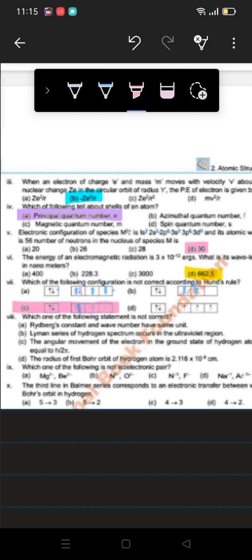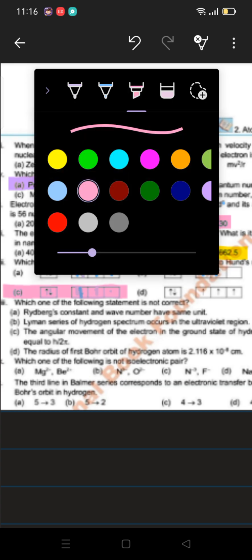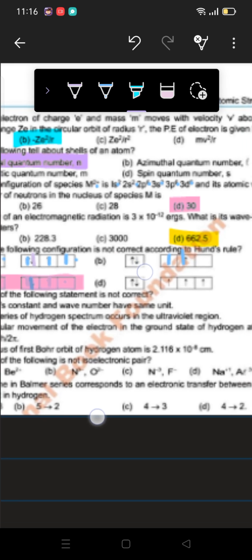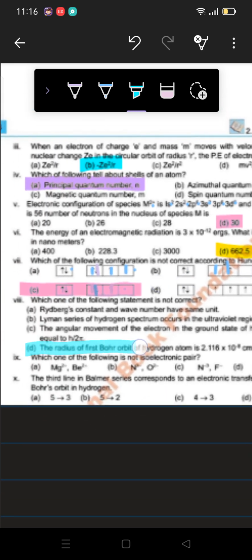So yes, this is correct. The D option says the radius of the first Bohr orbit of hydrogen atom is 2.116 into 10 to the power 8 centimeter, which is of course wrong, right? We know that it is 0.529 Angstrom. So what is incorrect here? We have the fourth option incorrect.